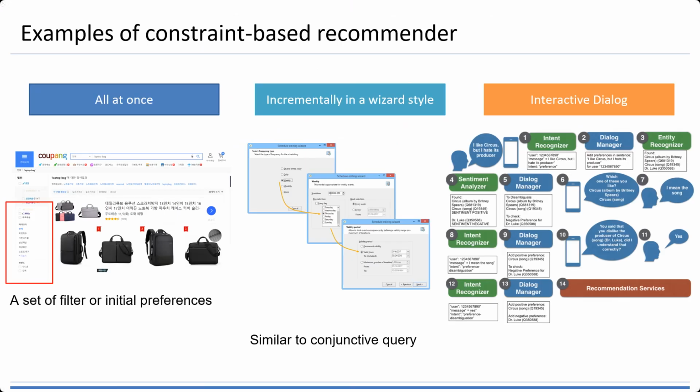I don't know what is the Korean word for intention, but there is a term, intent detection, intent recognition. With the user specification, we can know what is the intention of users. And then because we know the intention of the user, the dialogue can be suited for this intent recognition.